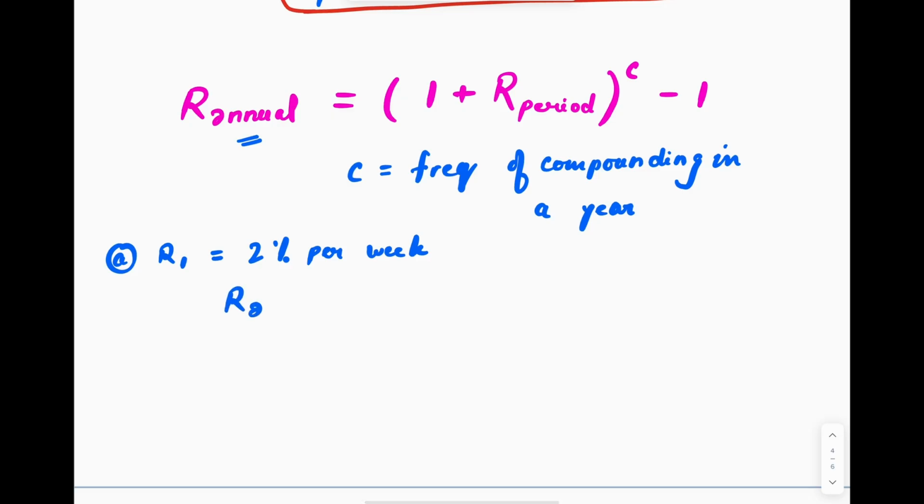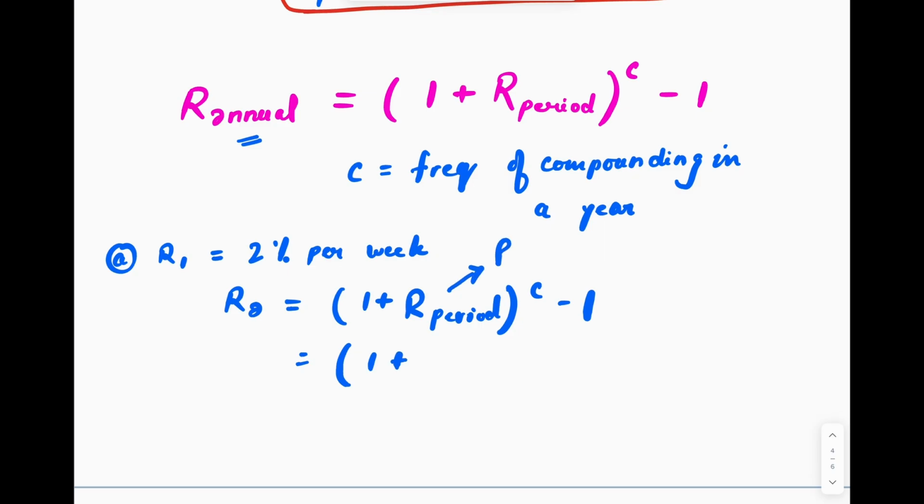Let me first write the formula: (1 + R_period)^C - 1. So 1 + R_period is what? In this case, it is basically R_week, because the period is a week. 2% is basically 0.02, so I'll just write 0.02. Hope it's clear till now.